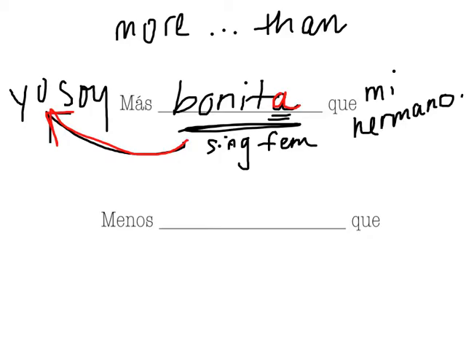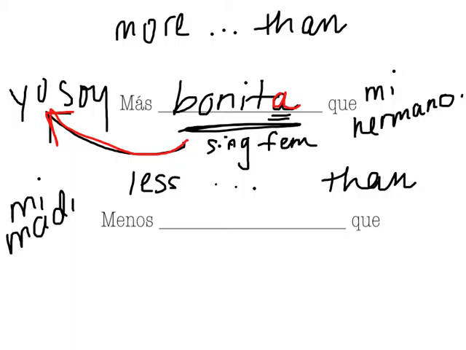Menos que is the exact same thing, except it means less than. So I could say, mi madre es menos, let's say alta. Mi madre es menos alta que mi padre.